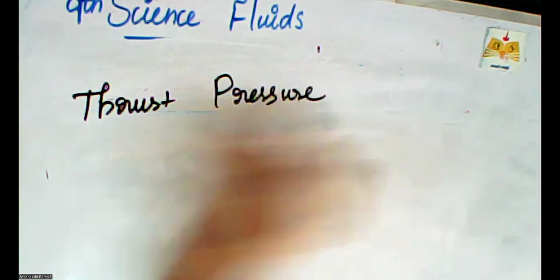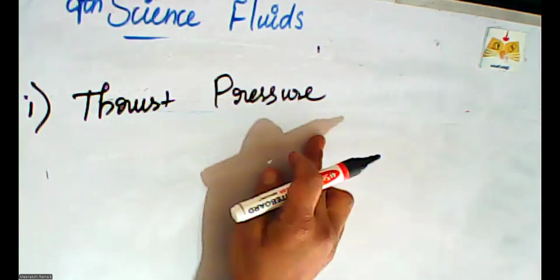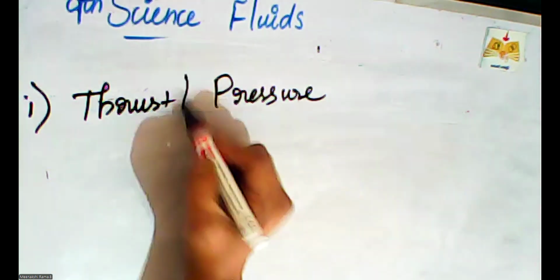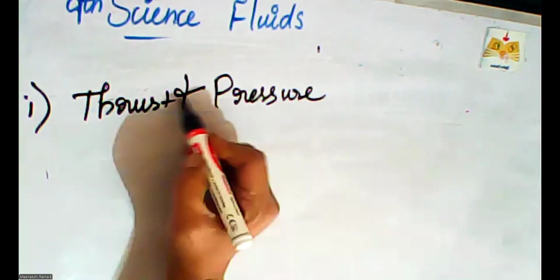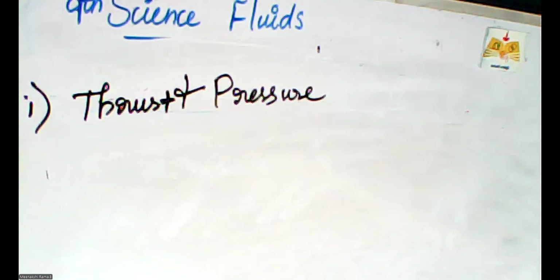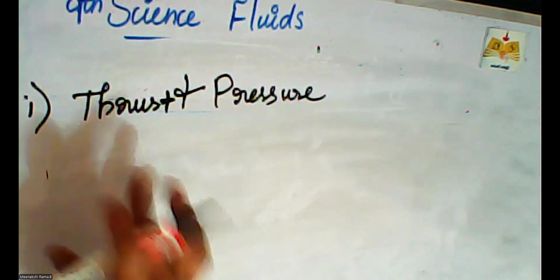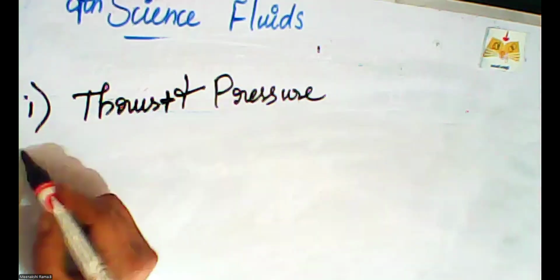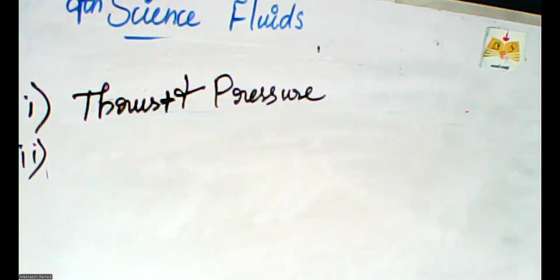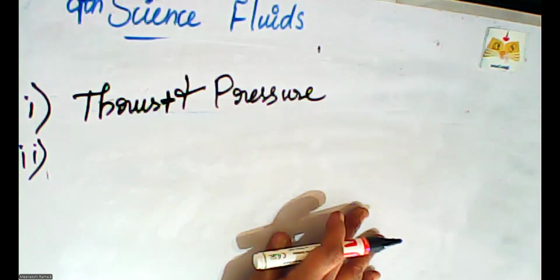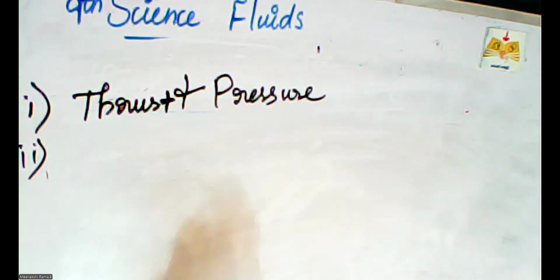Is there any doubt in this concept? I explained thrust and pressure and the formula of pressure. Just raise your hand and type the doubts. If you can't understand the concept, don't bother, I will explain once again.